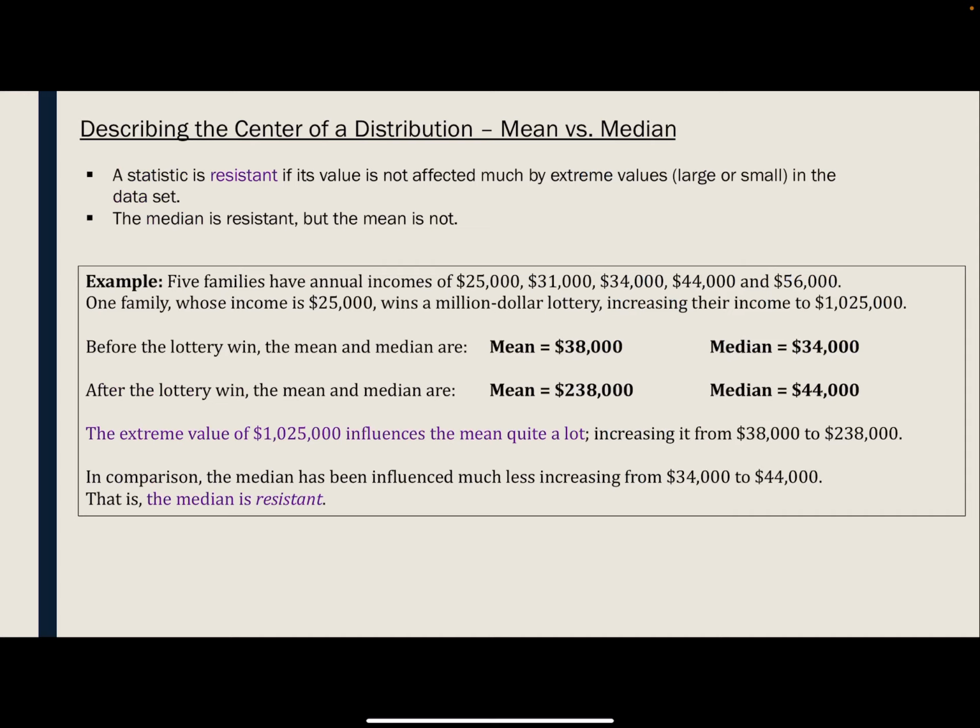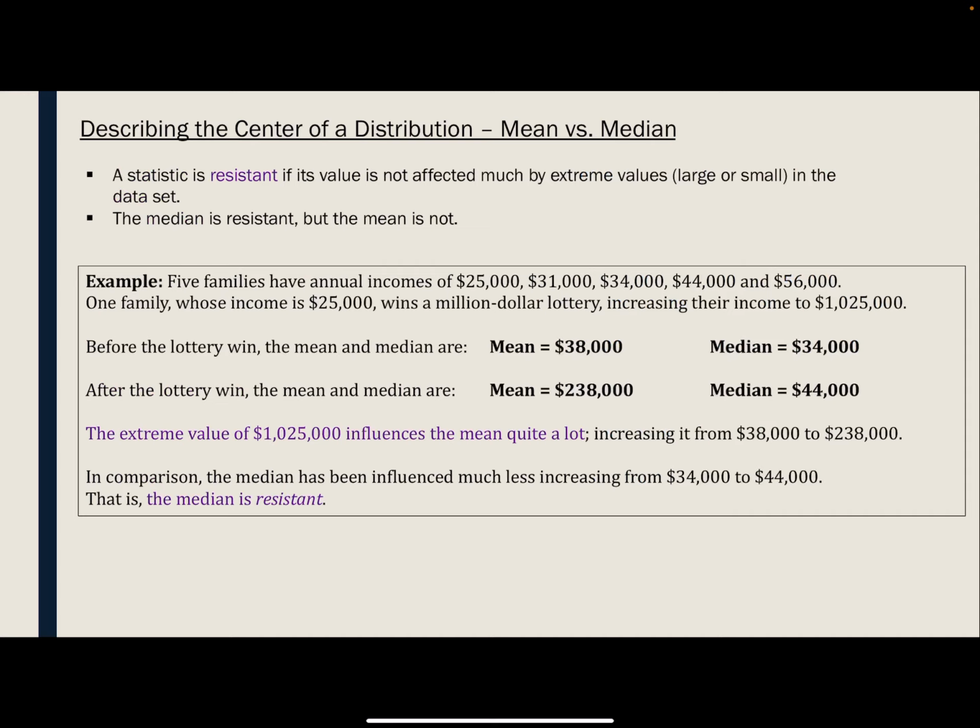So in order to talk about when to use either the mean or the median, we need to talk about what it means for a statistic to be resistant. If a statistic is resistant, it means that it's not affected by extreme values. It's not affected by outliers. A median is resistant, whereas a mean is not. And I have an example to show why.